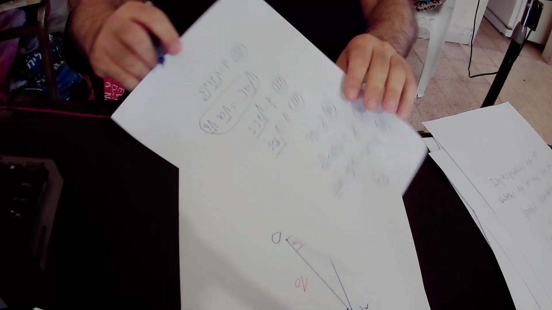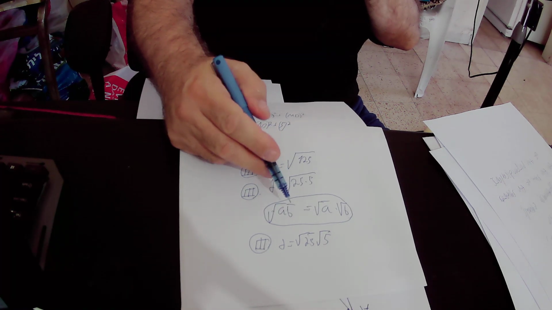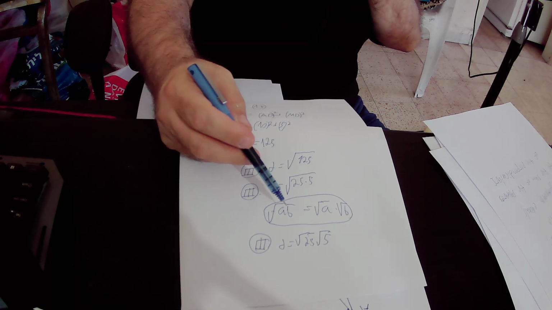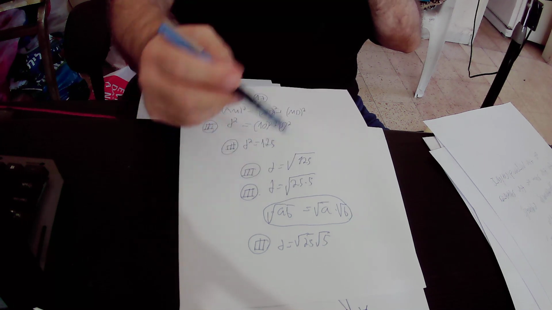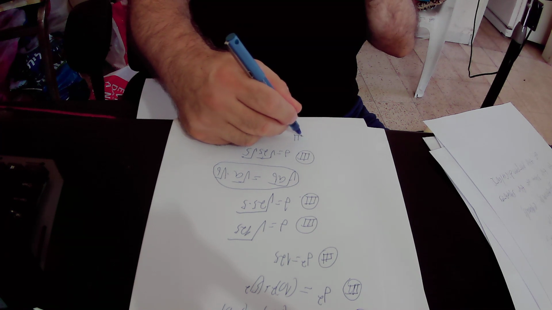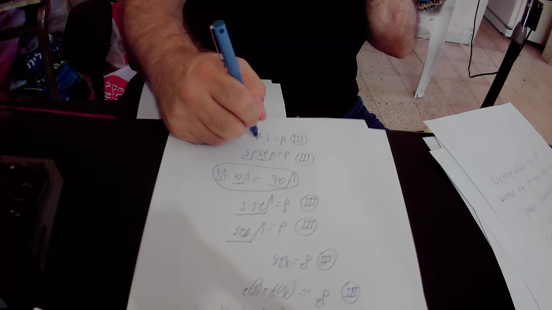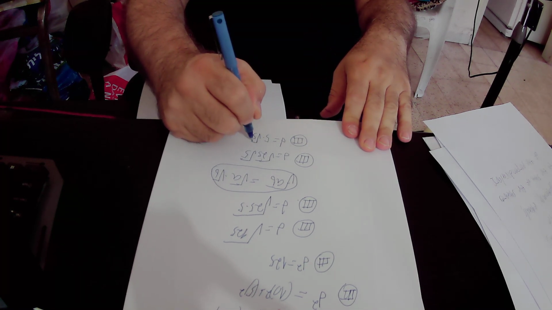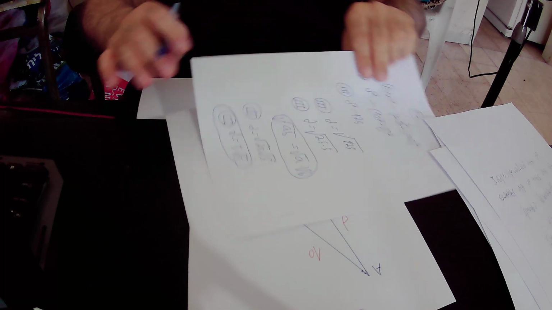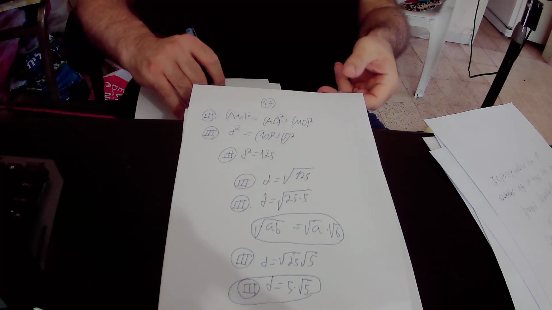We know that the root of 25 is 5, so I write it down. Okay, we got that D, that is the diameter of the circle, equals 5 times root 5.